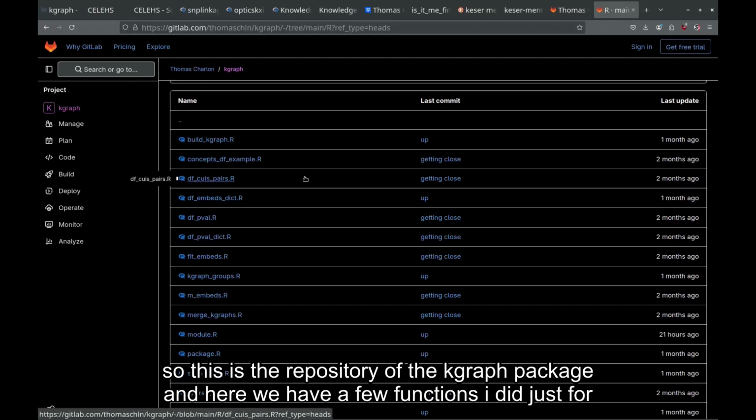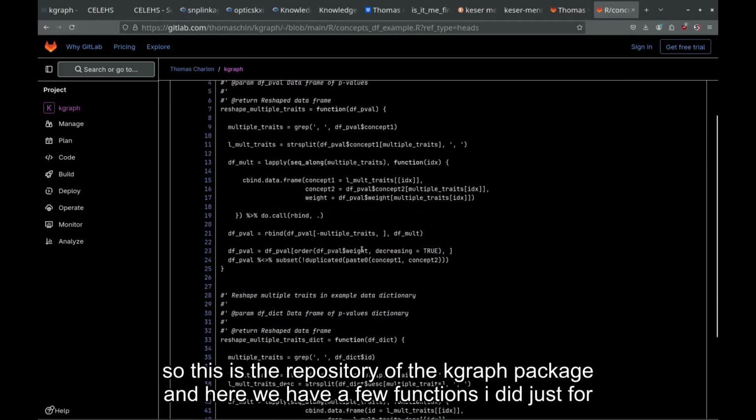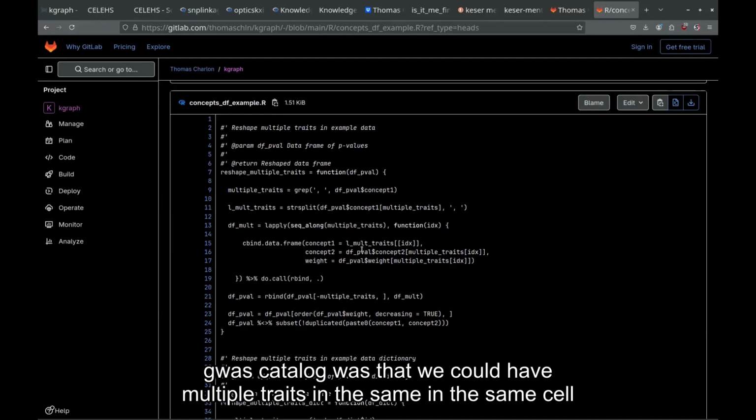So this is the repository of the kgraph package. And here we have a few functions I made just for the example data frames. The one thing I stumbled upon in downloading the CSV file from GWAS catalog was that we could have multiple traits in the same cell.